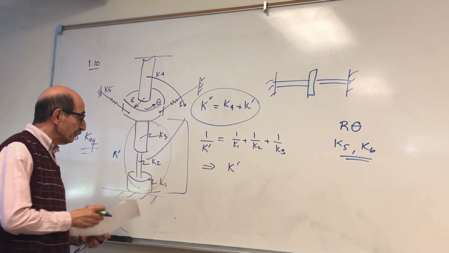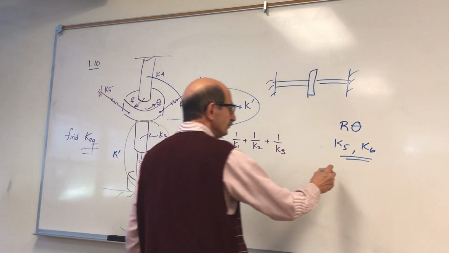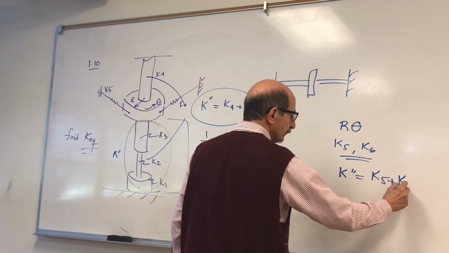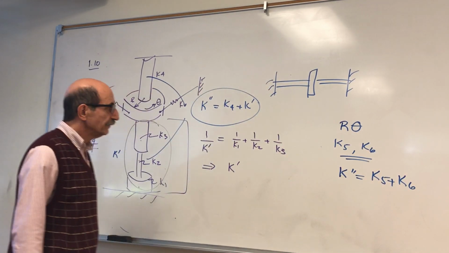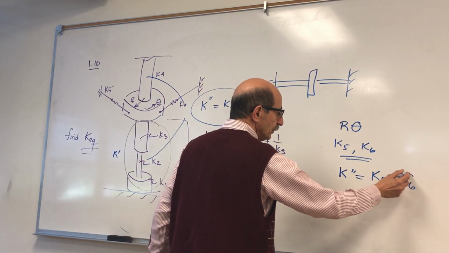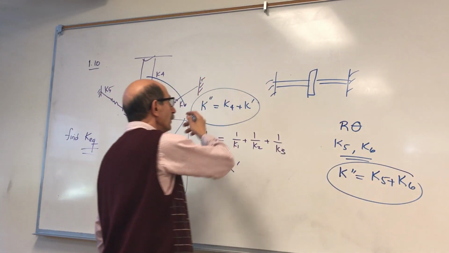So I can write that as K double prime is K5 plus K6. But now, you have this guy, how do you add these up?